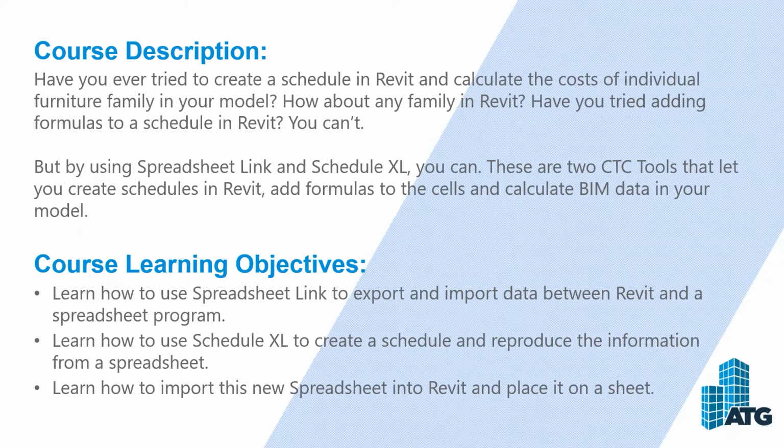And the great thing about these two programs, as I'm going to show you, is that because they relate to the BIM data within your project, if that data is manipulated or changes within your project, the two are interrelatable. They actually have auto update functions to where your data can be updated back and forth between not only the Excel spreadsheet, but also the project itself and the parameter data within your project.